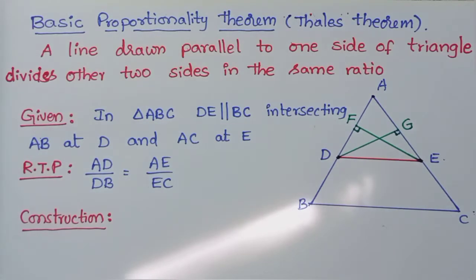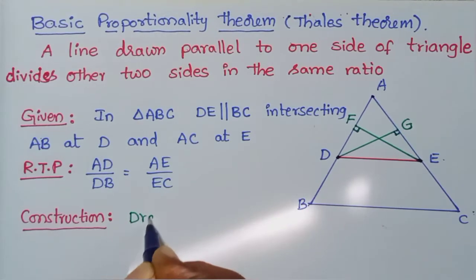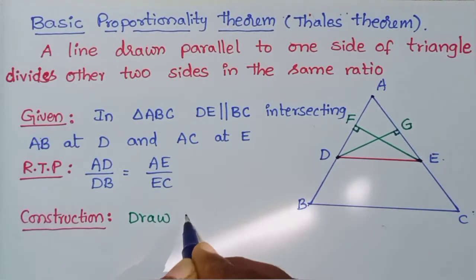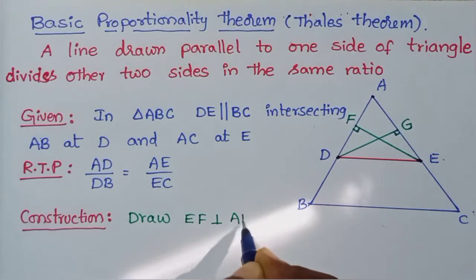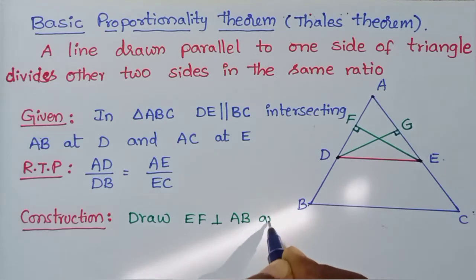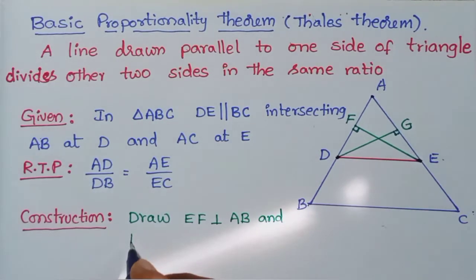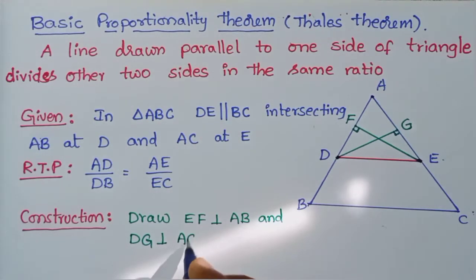Let us finish this part in the construction. Draw EF perpendicular to AB and DG perpendicular to AC.